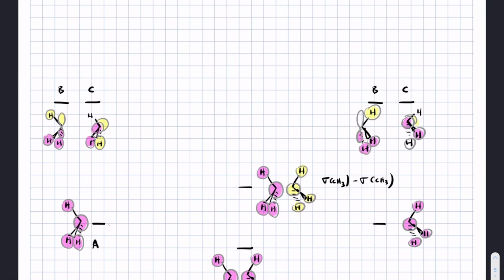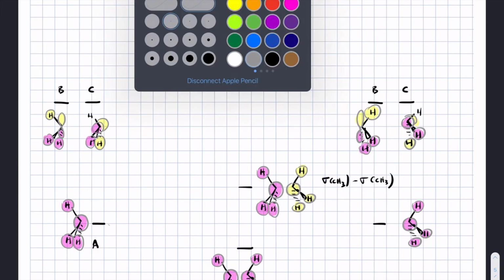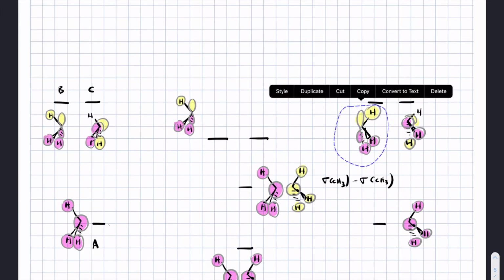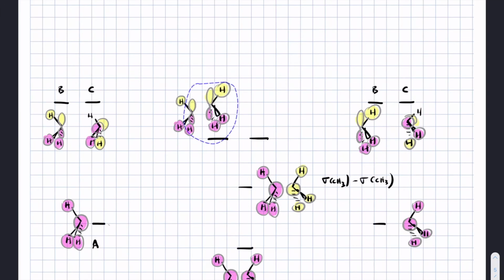All right, so we're going to make two in-phase overlap type orbitals by bringing one of the pi CH3s together with the other one. Decently close in size.